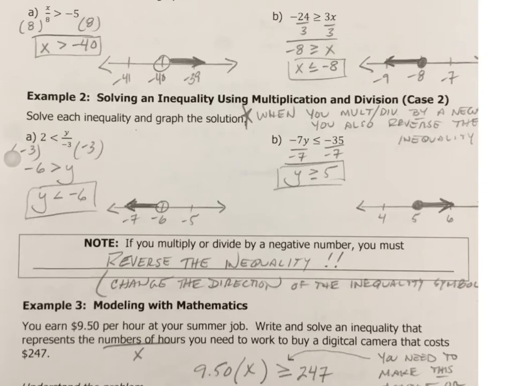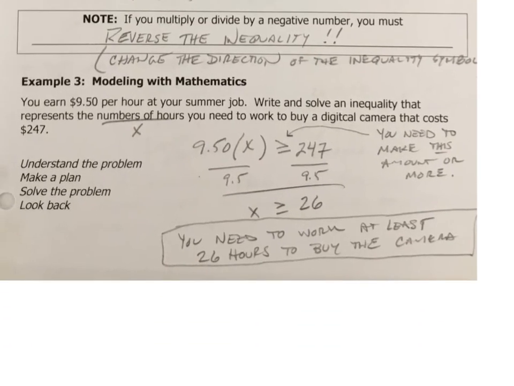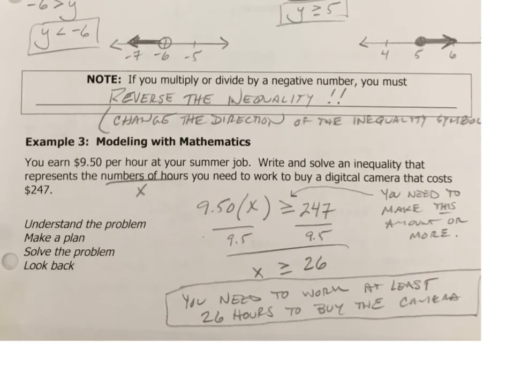Okay? Then modeling the mathematics again, we are earning $9.50 per hour, which is obviously a lot lower than the current wage, but that's what it was in this problem. We want to write an inequality that represents the hours you need to work to buy the digital camera that costs $247. So, to make the exact 247, that would be represented by the equals.